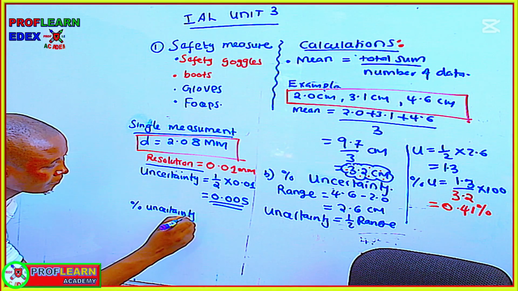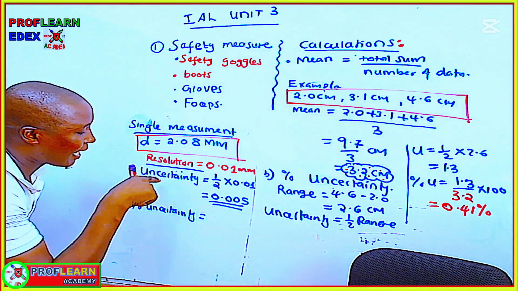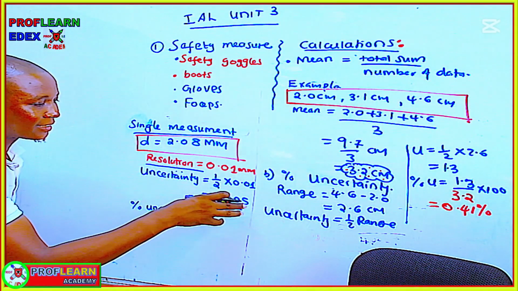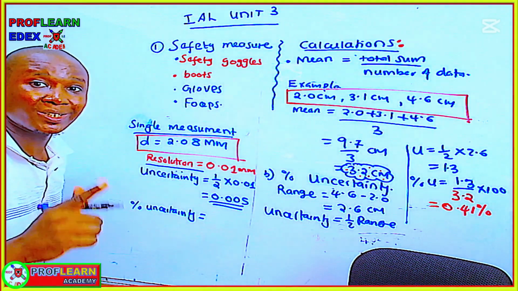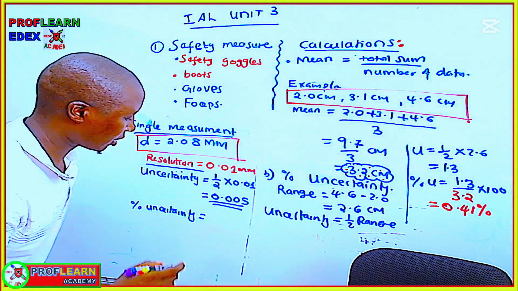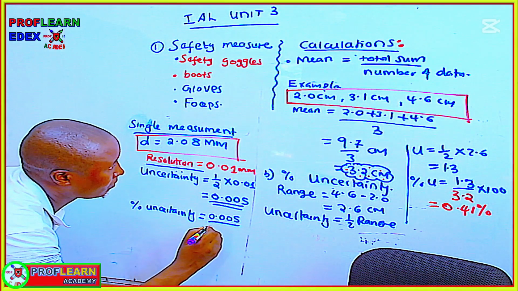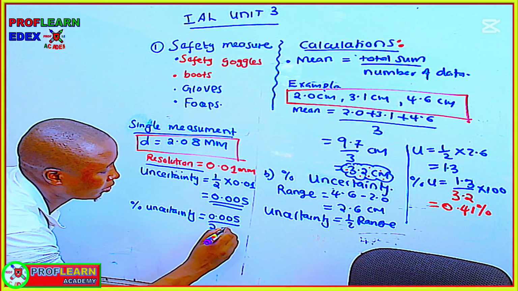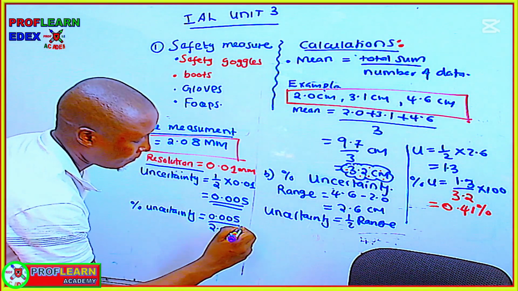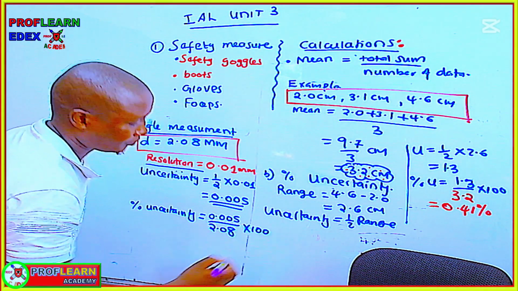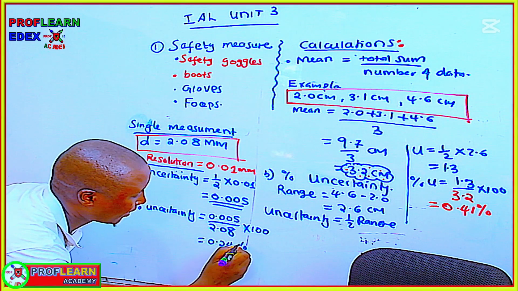Then for us to work out the percentage uncertainty, it is going to equal the uncertainty we got, from a half of the resolution, and the resolution is the least unit of measurement. This is going to be 0.005 divided by 2.08, the measurement that was provided, times 100, which is 0.24%.